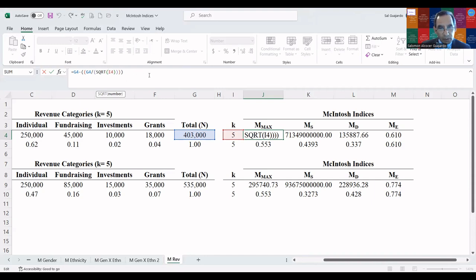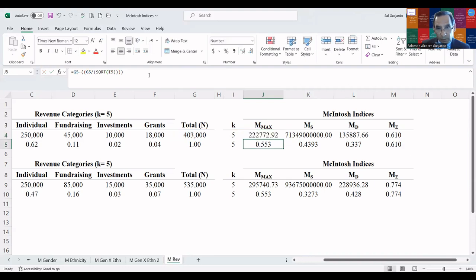So here we have 403,000 subtracted by 403,000 divided by the square root of 5. That gives me a value of 222,772.